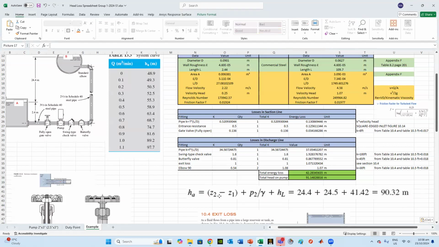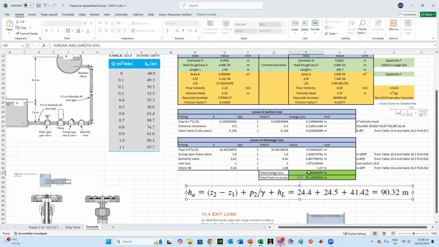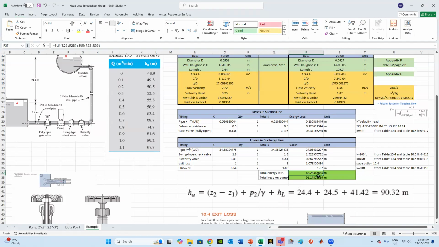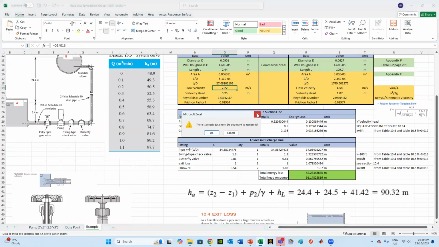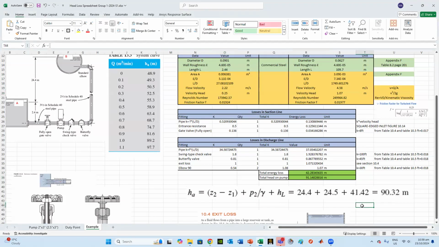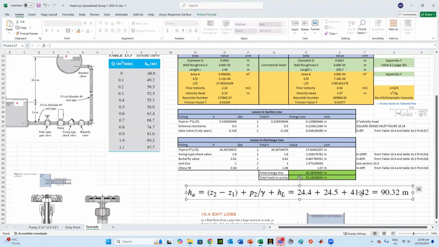So that is the last equation, which 24 is delta Z, 24.41. This is sometimes different between instances, because if we round the numbers, such as I rounded the velocity head and the velocities, you could get these type of differences between them, but it's not much difference in the design. All right, so that is just calculated the total head on the pump using all the requirements for it.